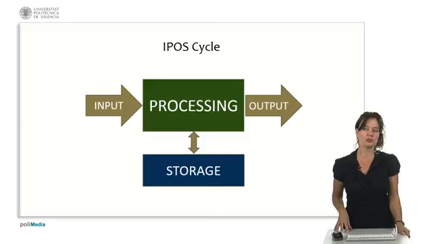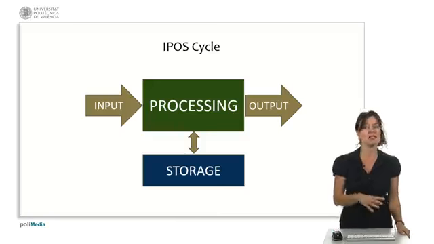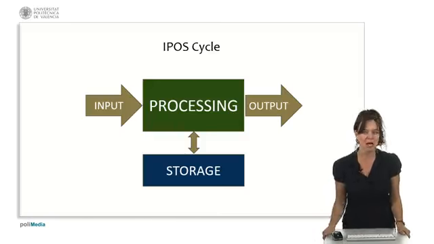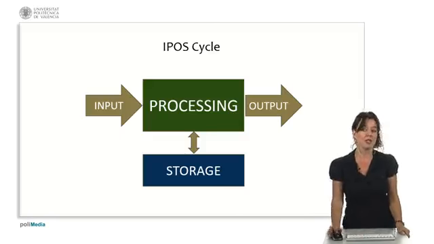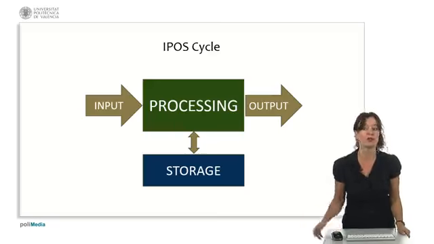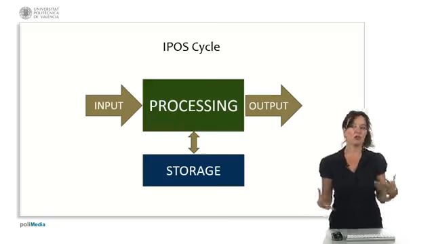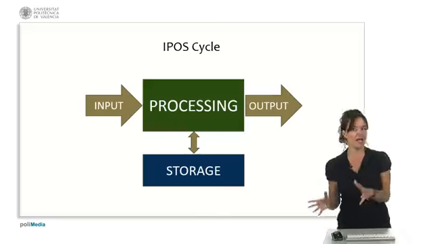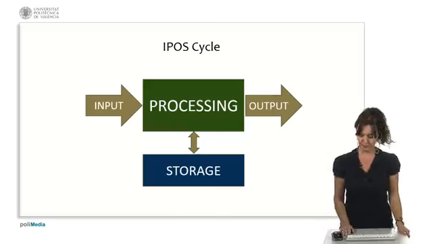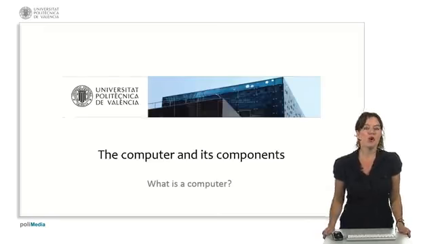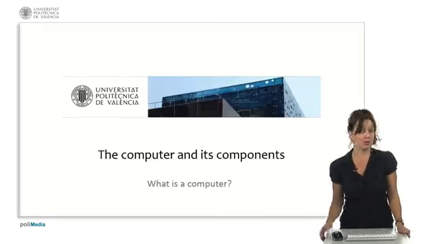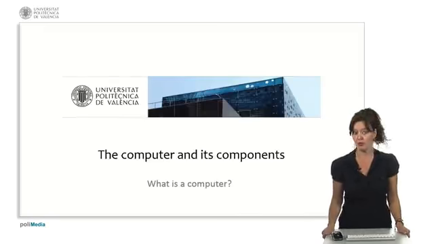Storage just means saving the data, saving the programs, or saving any other output for future use. For this, the computer has permanent storage devices, such as the internal hard disk or removable disks such as pen drives. These storage devices have input and output functions. In this video we have seen what is a computer and what are the most important components of it.